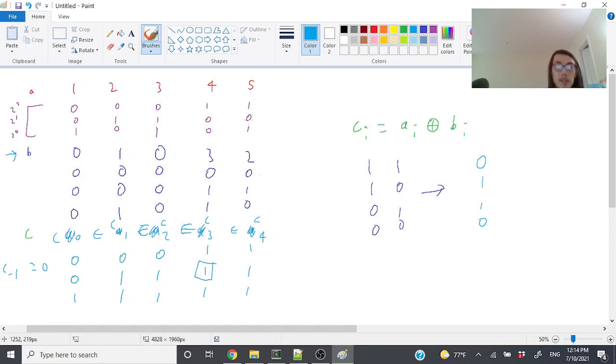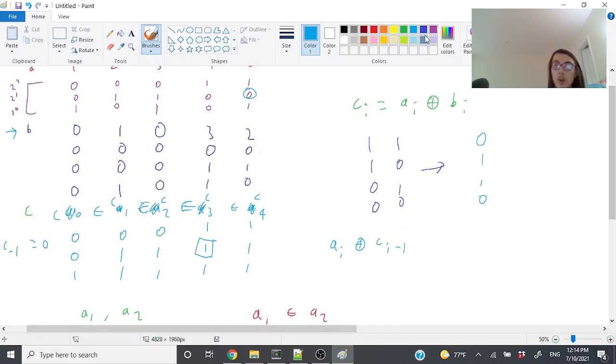So we want all the bits such that in C they're 1 and A they're 0, and we don't want any of the other bits. So taking A_i XOR C_{i-1} will give us both the 0,1 and 1,0 cases. So somehow we need to get rid of the 0,1s, and the way to do that is to then AND it with C. Because then it will give you the bits that are not equal, and we'll also get rid of the bits that are 0 in C but 1 in A. We only care about these.